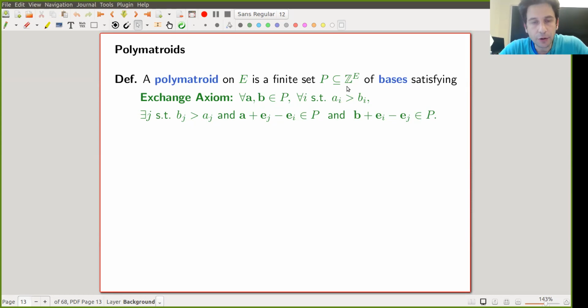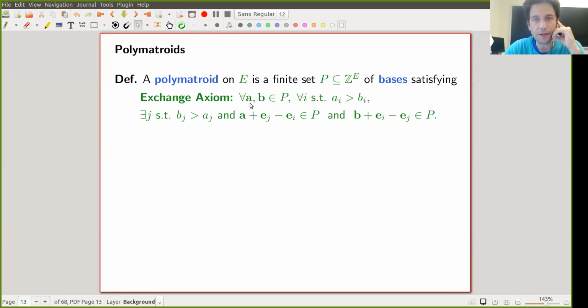All right, and how do we update our exchange axiom here? So we will have this finite set of elements in Z to the E, and we call them bases, and they have to satisfy this exchange axiom that says the following.